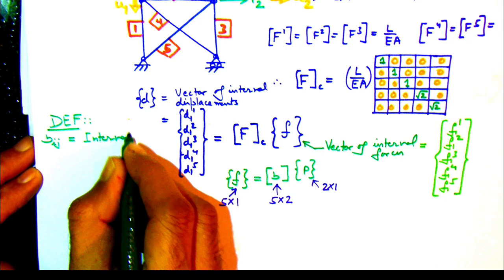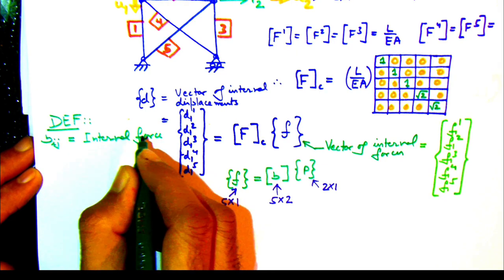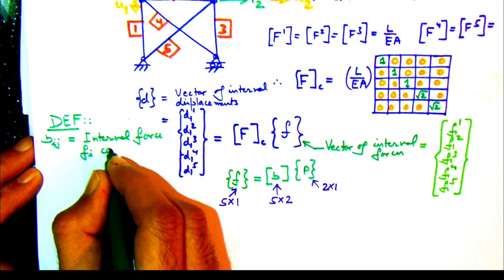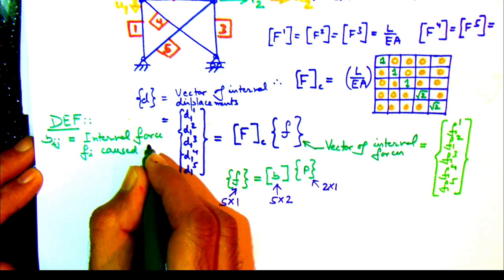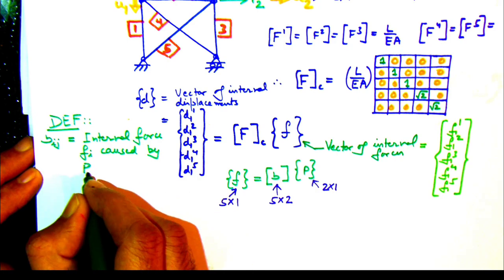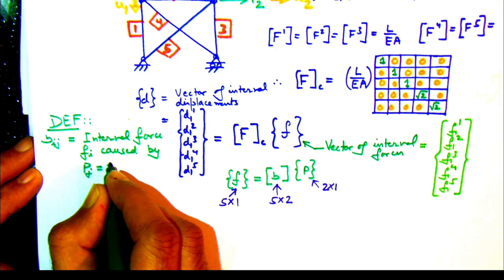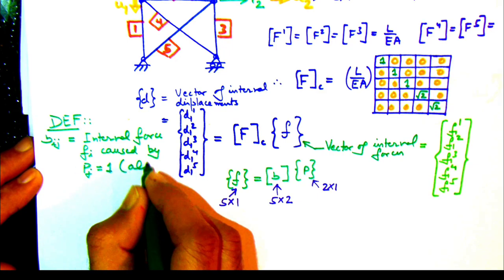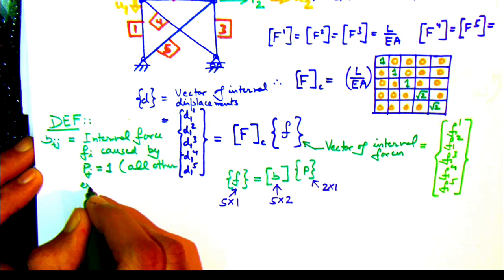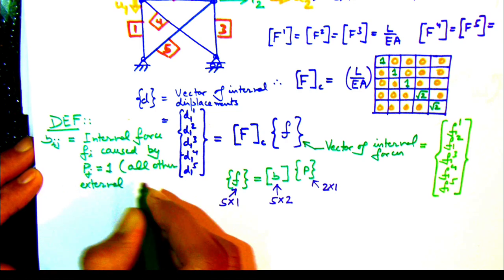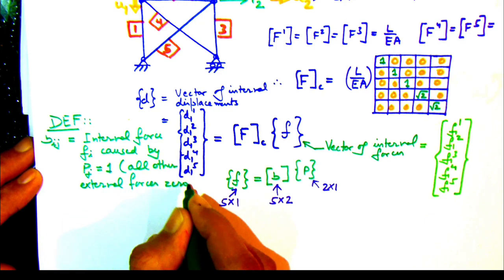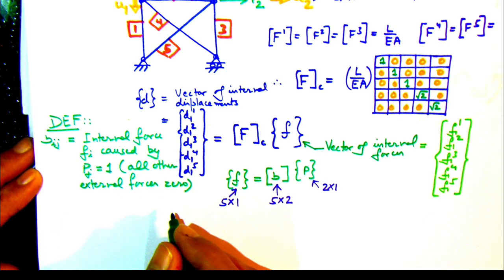From the way we have defined the matrix B, our term Bij is basically the internal force Fi caused by the application of a unit force Pj such that all other external forces are 0. So this definition can be used to derive all elements of the B matrix, especially for the case of a determinate structure where this can be derived directly.